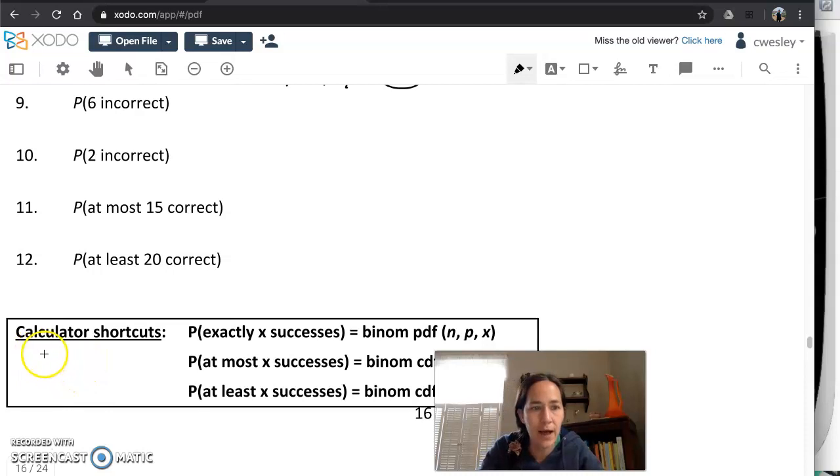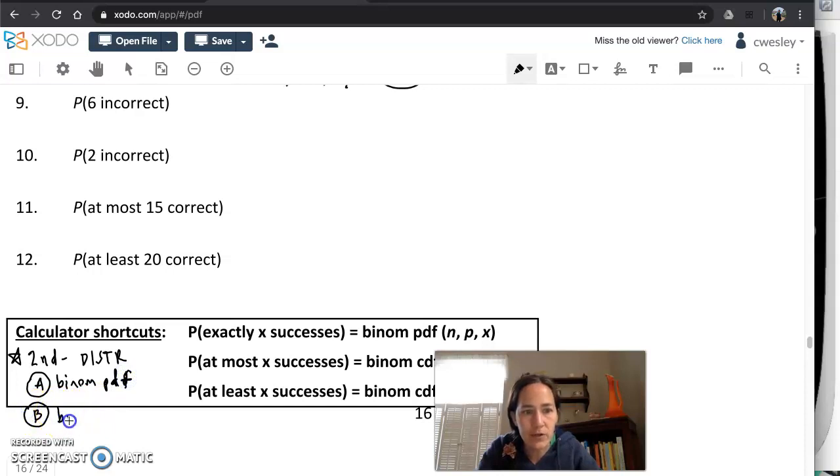If you shift down to the bottom, it's second and then the distribution key, DISTR, on the calculator, and you go down to letter A, which is binom PDF, probability distribution function. In a second, we'll get to letter B, binom CDF.